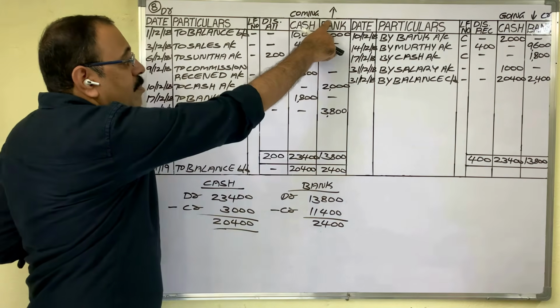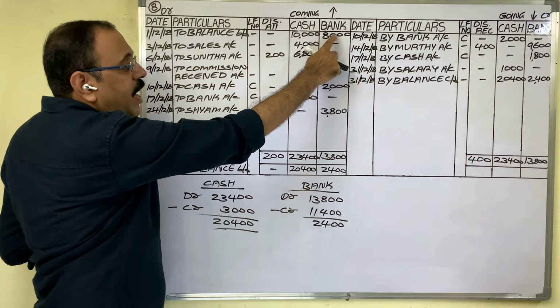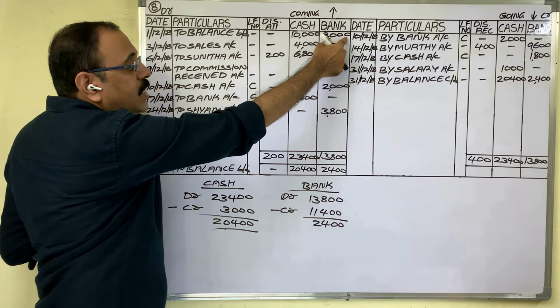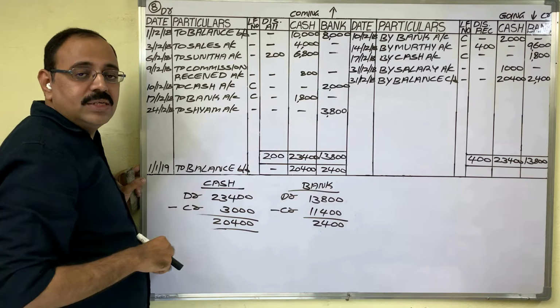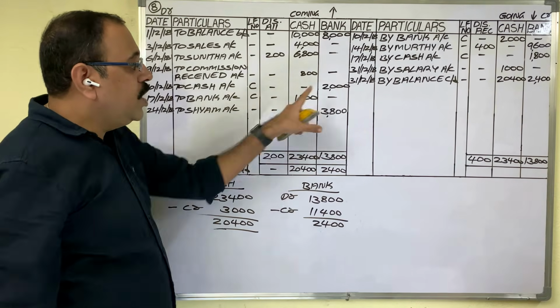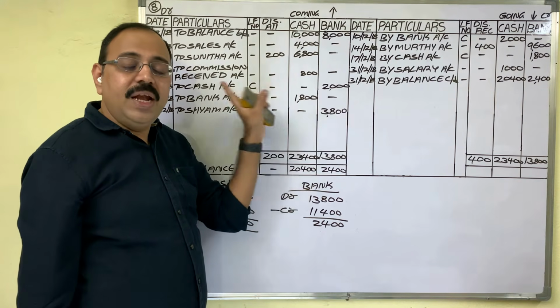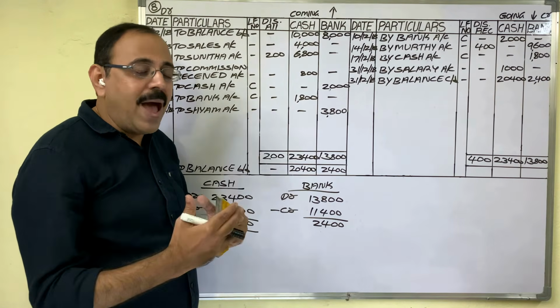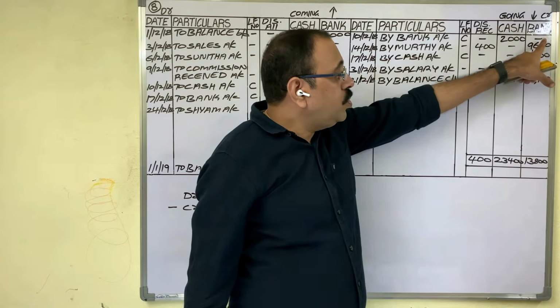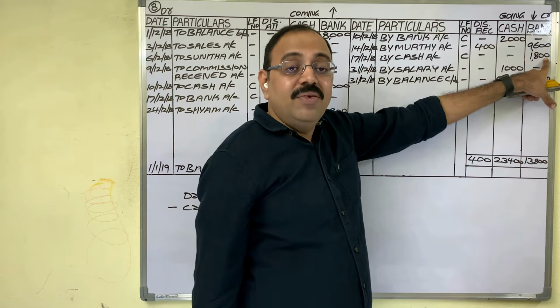Debit side, bank amounts meaning is on 1st December 18, we have 8,000 rupees bank balance. During this December month, we deposited 2,000 and 3,800. In December month, from our bank account, we withdrew 9,600 and 1,800.